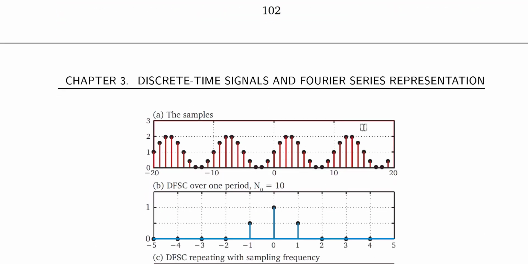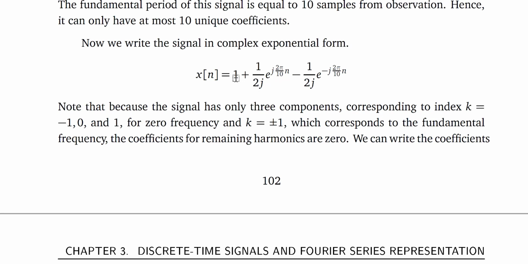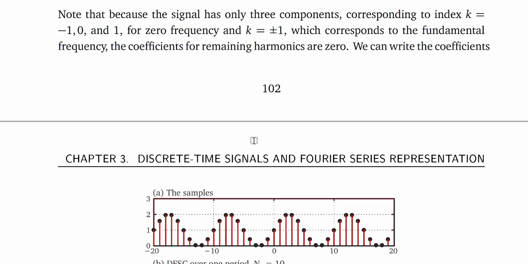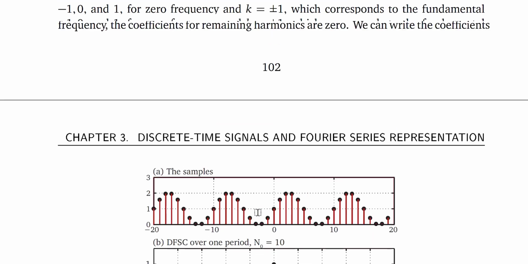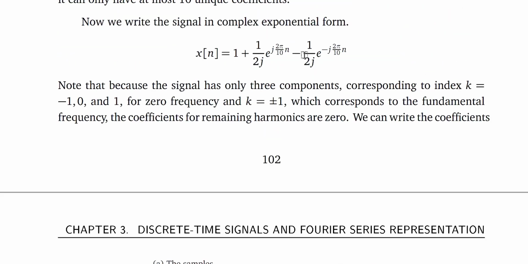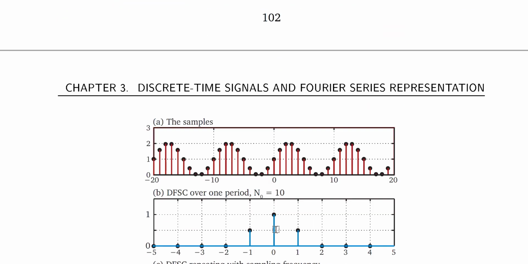So here are these coefficients. Here's 1 for the 0th, and for plus and minus 1, the coefficients are 1/2. So that's what these two numbers are.